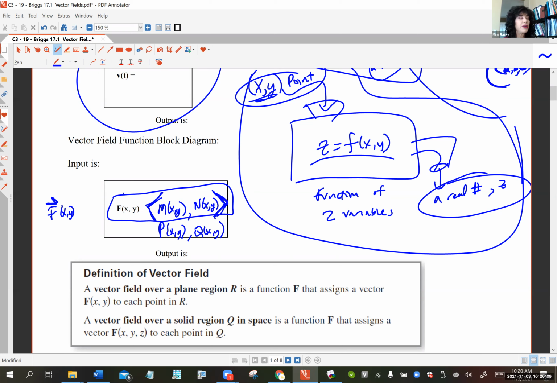And the solution is basically going to be a level curve in a scalar field for a vector field. And they use M and N in every single differential equation book that I've known.